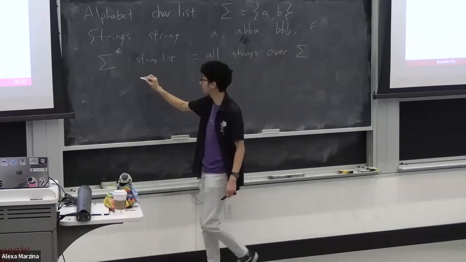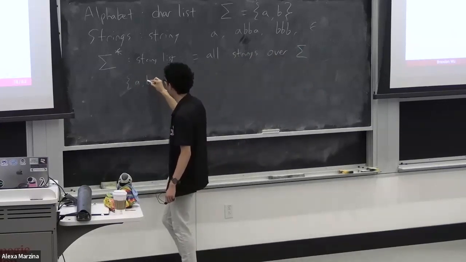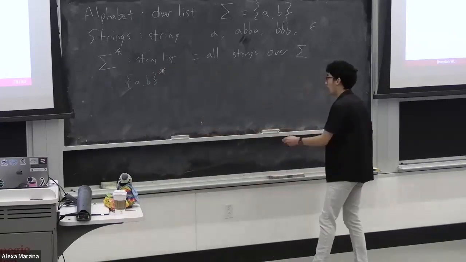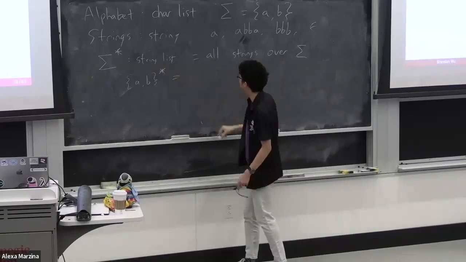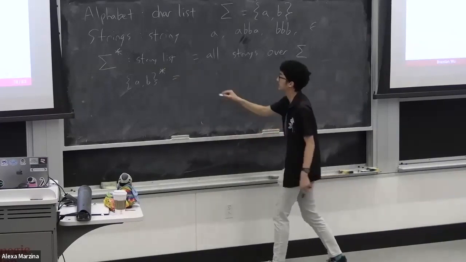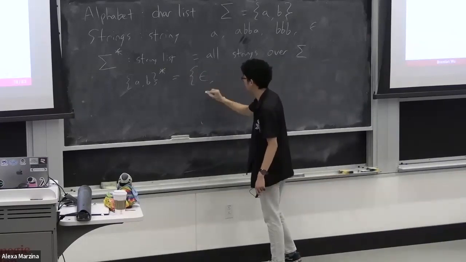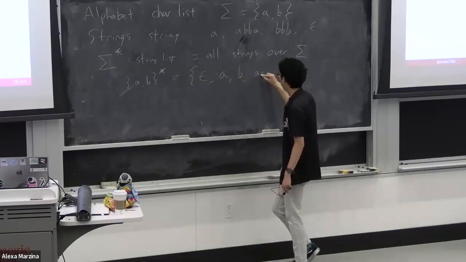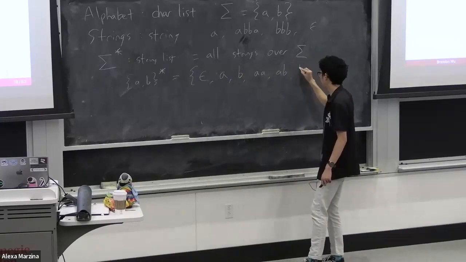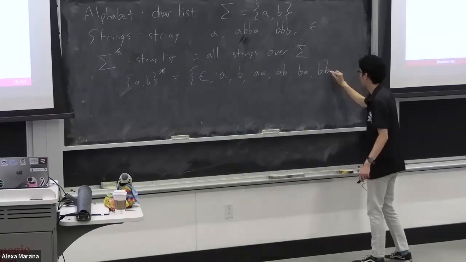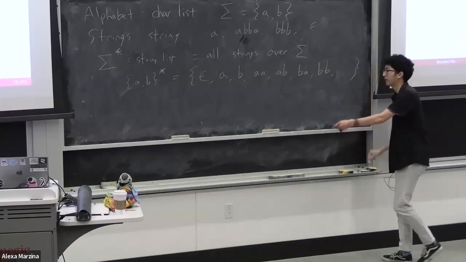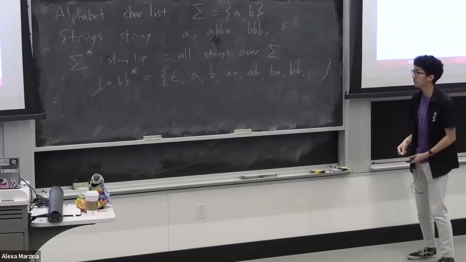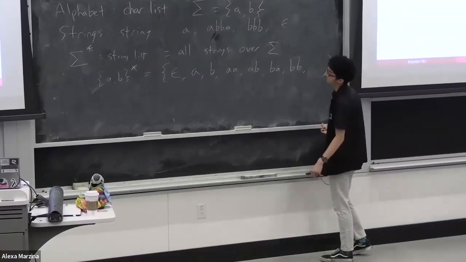So if I wanted to take the star of the alphabet A, B, which is our toy alphabet of choice for today, I would get that this language, sigma star, is going to be the set of firstly the empty string, and then A, and then B, and then AA, AB, BA, BB, and so on and so forth. It'll be every finite length string that could be composed of A and B, which includes the empty string. That's what we call sigma star.